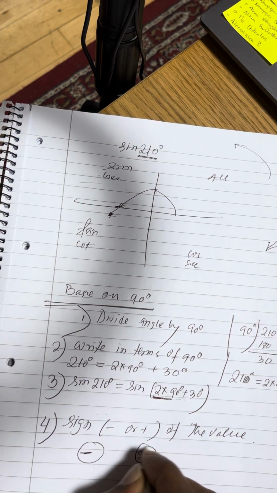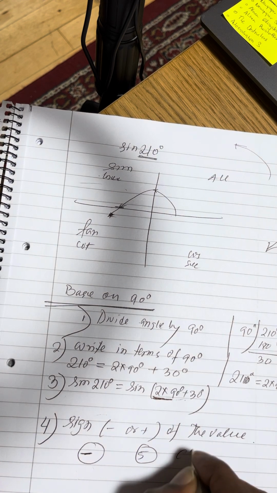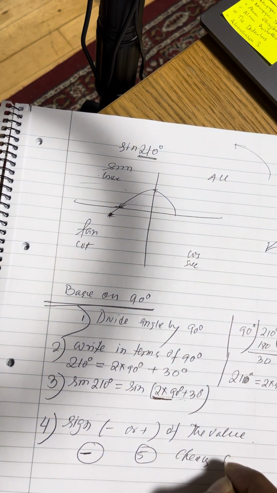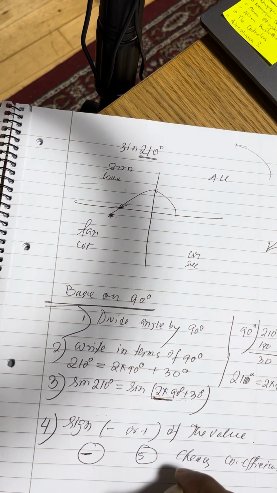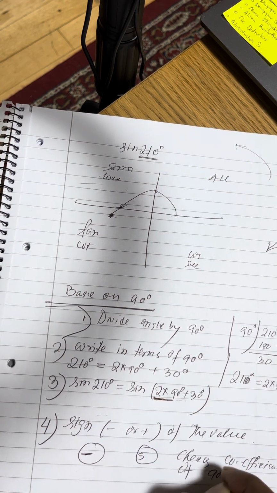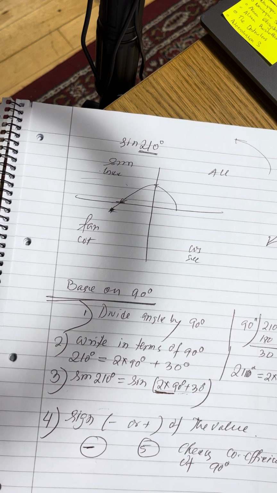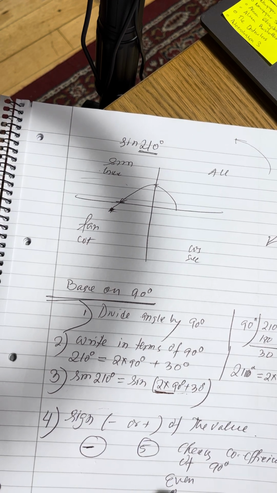Now, step 5: check the coefficient of 90. What is the coefficient? I'm talking about even or odd.